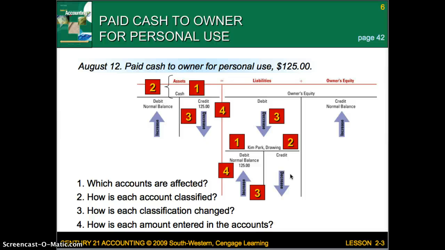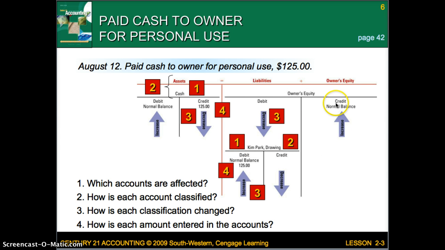When the owner of the company takes money out of the company to use for something personal, it is called a drawing account. They're drawing money out.